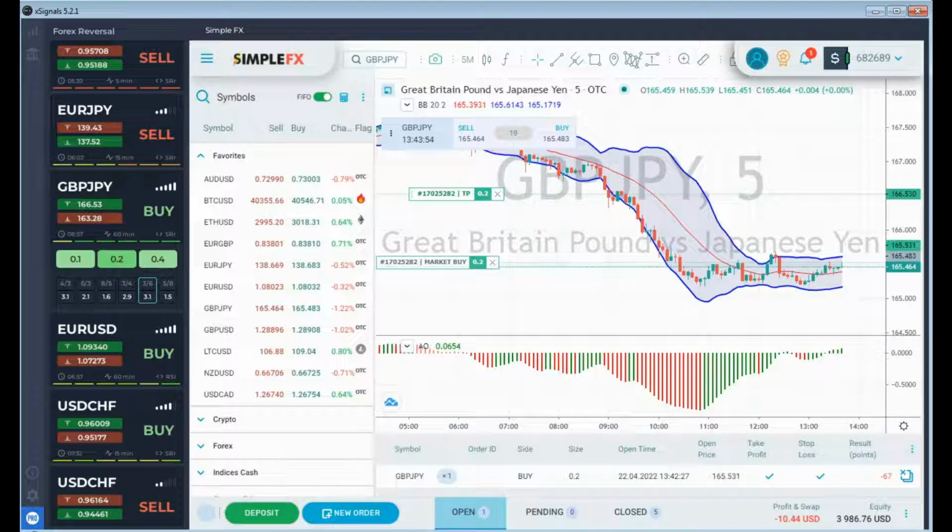We will not set big profit targets, we will work like a scalper. If the price does not go beyond the channel, close the position.